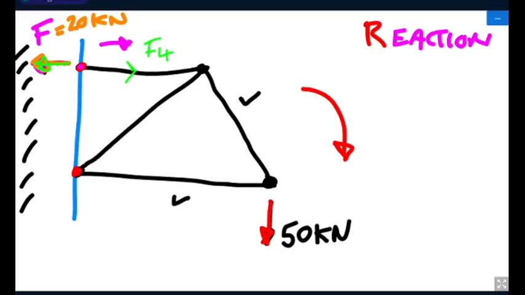There's 20 going one way, which means for this thing to be in balance, there's 20 going the other way. If it was more than 20, it'd be pulled off the wall, wouldn't it? So we could say we've got 20 going in that direction.